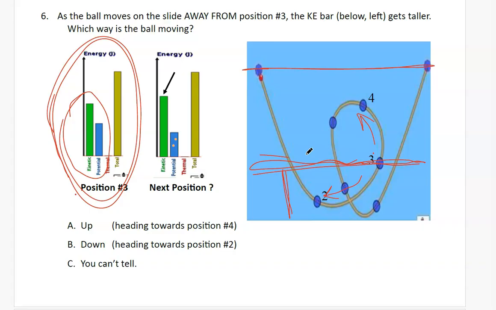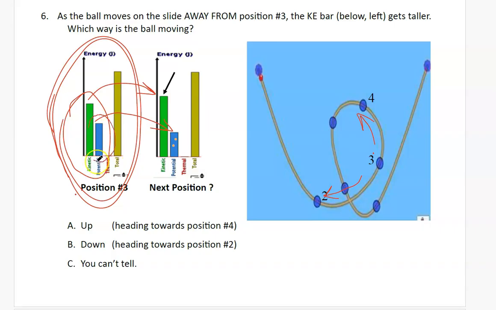Well, let's just remove those for just a second. And the question hinges on what happens to the energies. If you look at what happens to the kinetic energy, it goes up slightly, and the gravitational potential energy goes down slightly. Well, the gravitational potential energy is the easier one to think about. If the gravitational potential energy is going down, the height is going down.